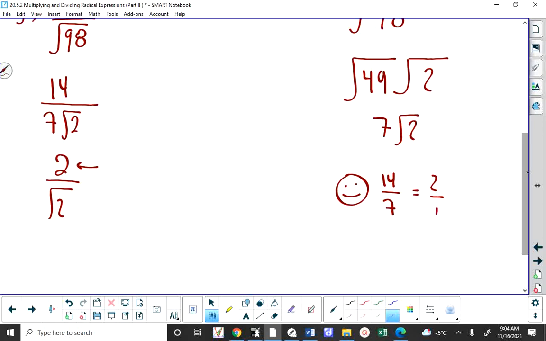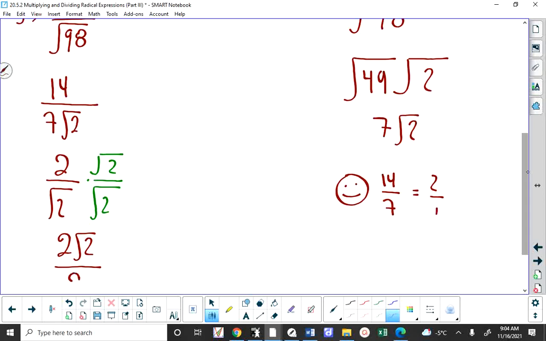Now what I can do, Lynette, is multiply top and bottom by the root 2 in the denominator. This is our method for eliminating the radical in the denominator, which is called rationalizing the denominator. I get 2 times root 2 on the top, and on the bottom I have root 2 times root 2, which is just 2.